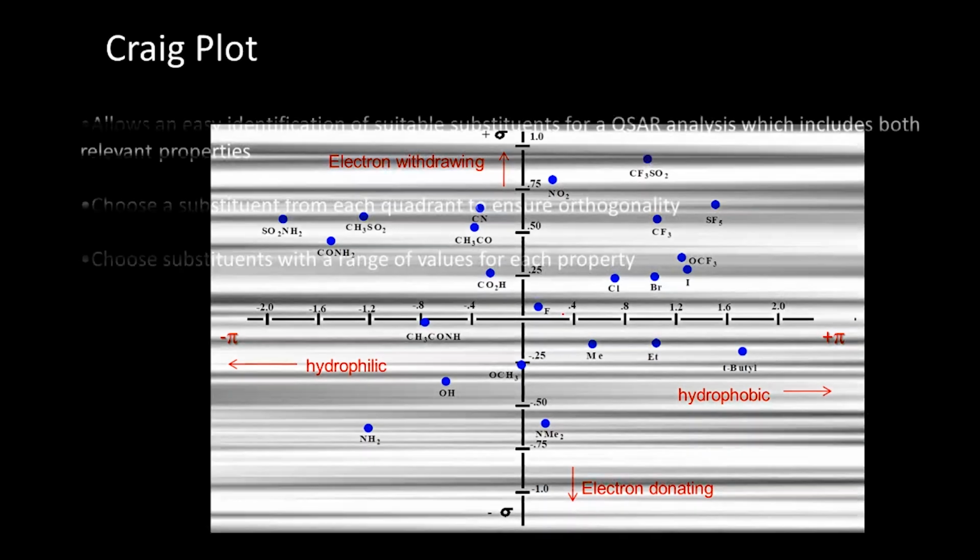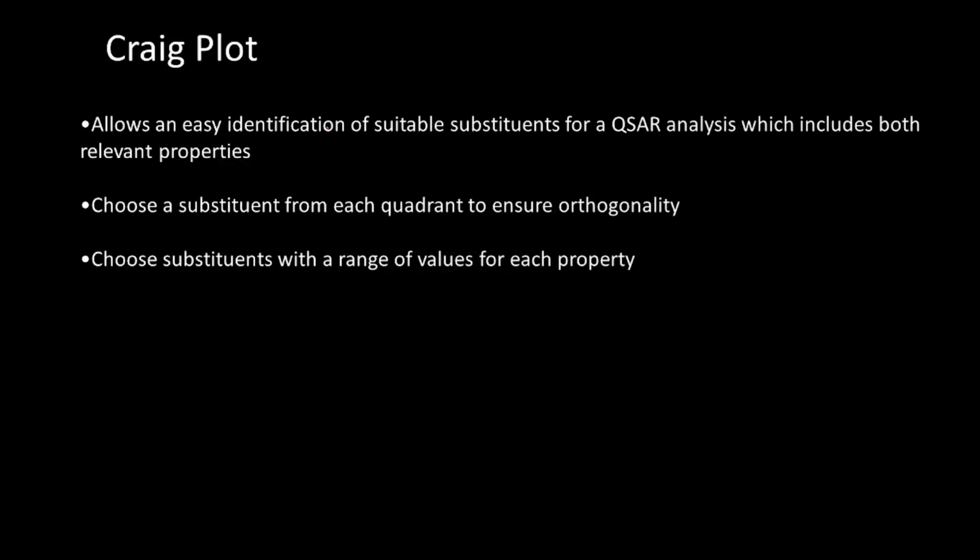So it allows easy identification of suitable substituents for a QSAR analysis, which includes both the sigma and the pi. Choose a substituent from each quadrant to ensure orthogonality. That's very important. Choose substituents with a range of values for each property.